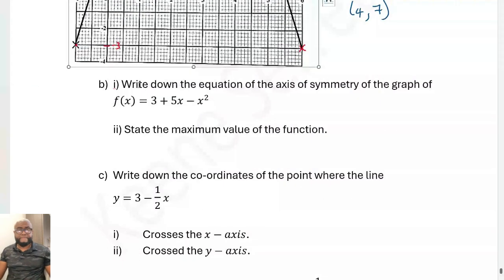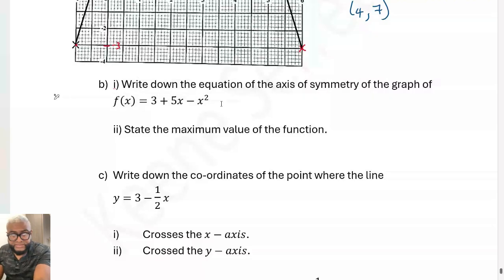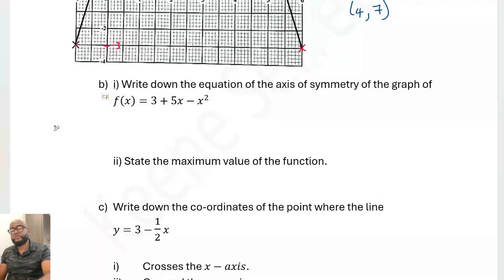Right? So we're going. Write down the equation of the axis of symmetry of the graph f of x is equal to 3 plus 5x minus x squared. Everybody knows what the axis of symmetry is given by. So x is equal to negative h, right? So the equation, you fixed it? You see? Right, very good.